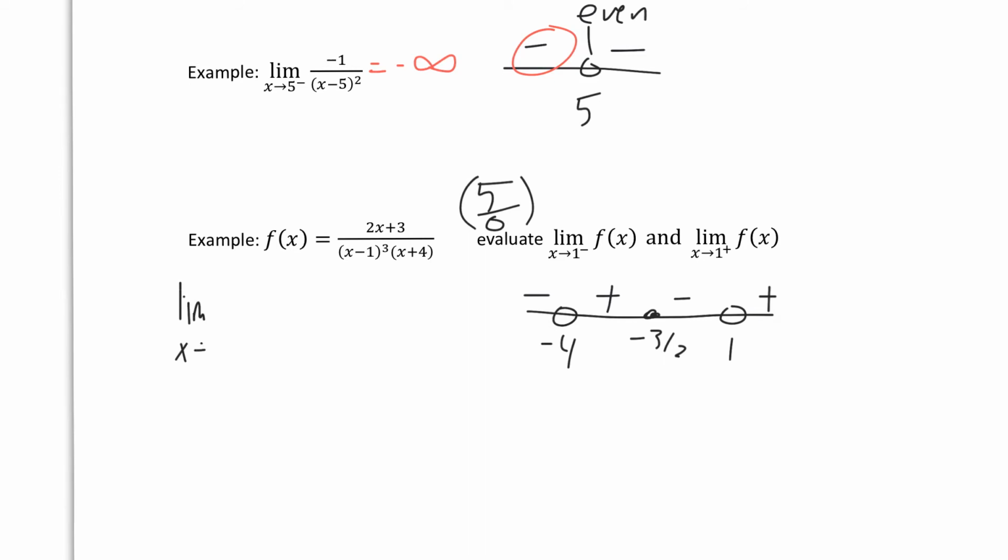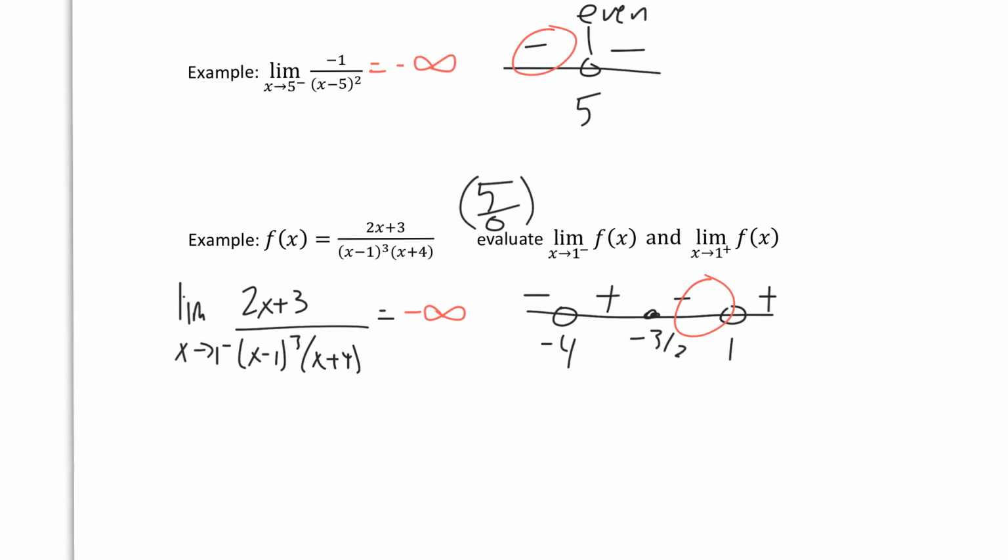Limit as x approaches 1 from the left of (2x plus 3) over (x minus 1) cubed times (x plus 4). Well, as x approaches 1 from the left, we're looking at this portion right here. So it's going to be negative infinity.